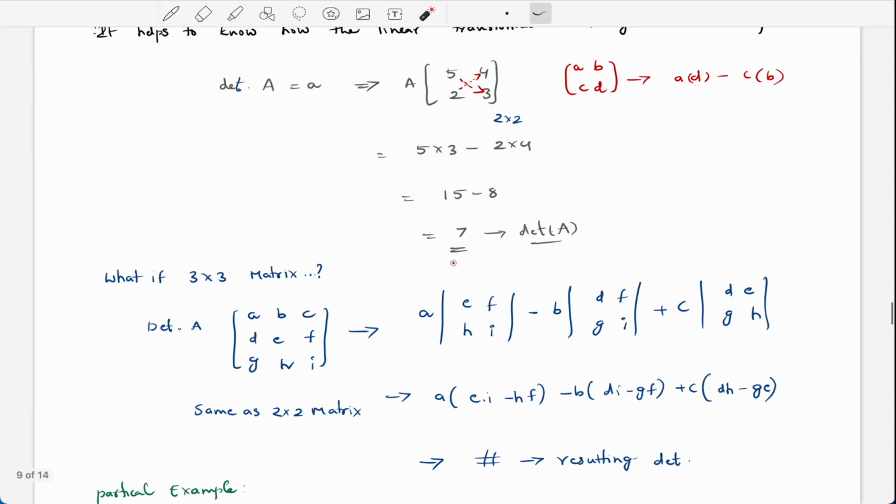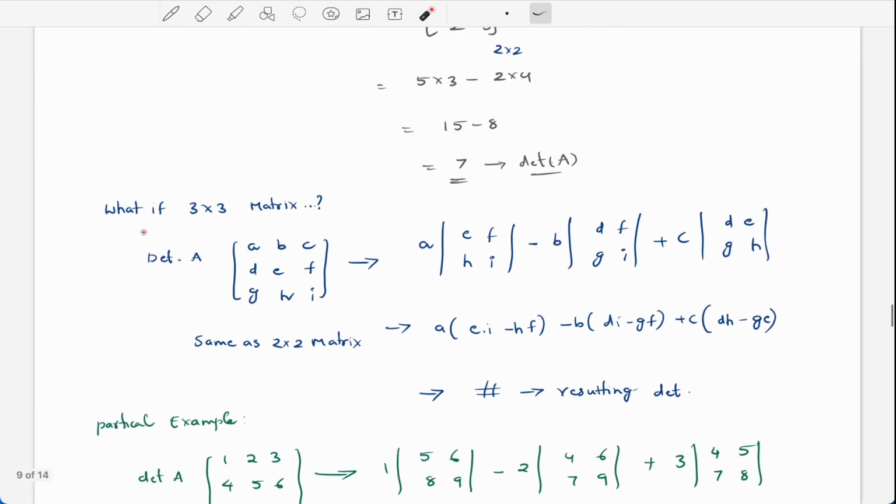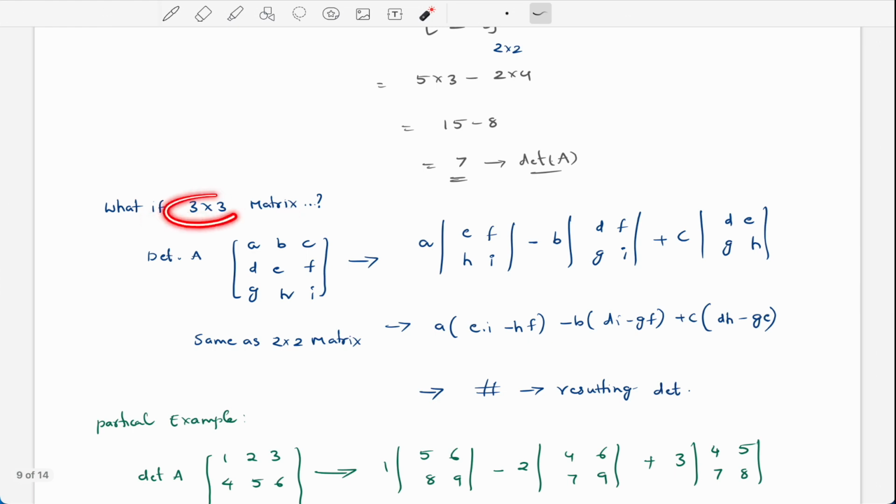We can do this not only for 2 by 2 matrices but also for 3 by 3 matrices. How can we find the determinant of a 3 by 3 matrix? It's a bit more complex, but I'll try my best to explain it as simply as I can. If we take a, we close its row and column and take the remaining part.